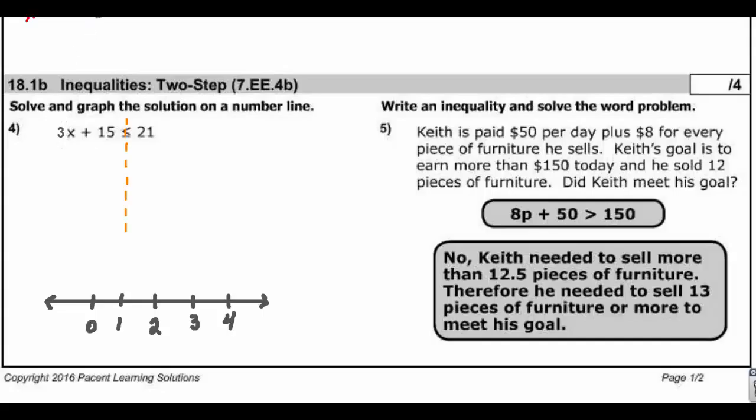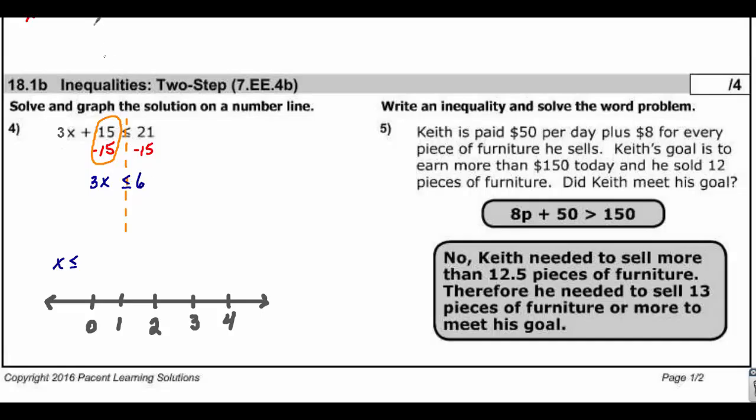So we know when we get to our final answer, x will be less than or equal to something. So step 1, take away the 15. Do that on both sides. 15 zero pairs right there. That leaves us with 3x less than or equal to 21.